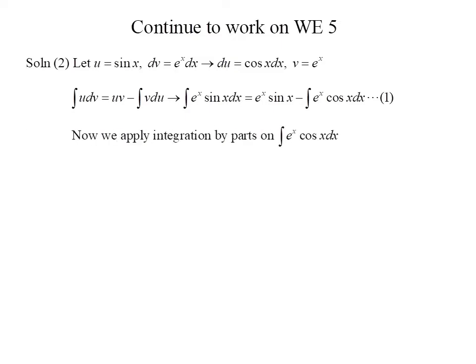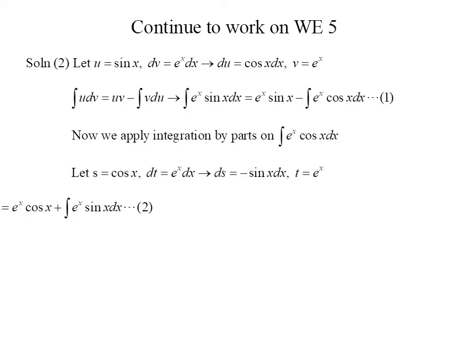Now we apply the technique of integration by parts again on the integral of e to the x cos x dx, assuming s equals cos x and dt equals e to the x dx, that leads to ds equals negative sine x dx and t equals e to the x.